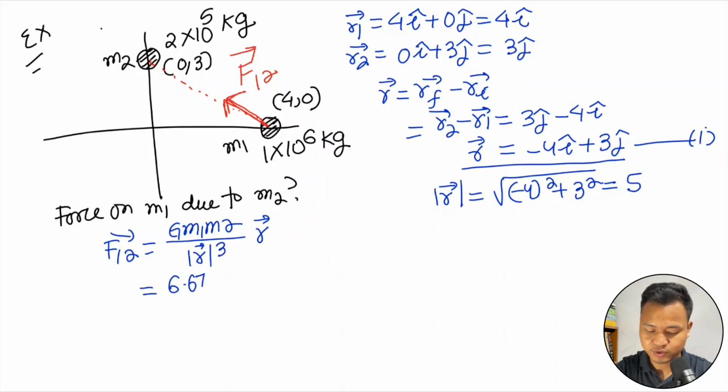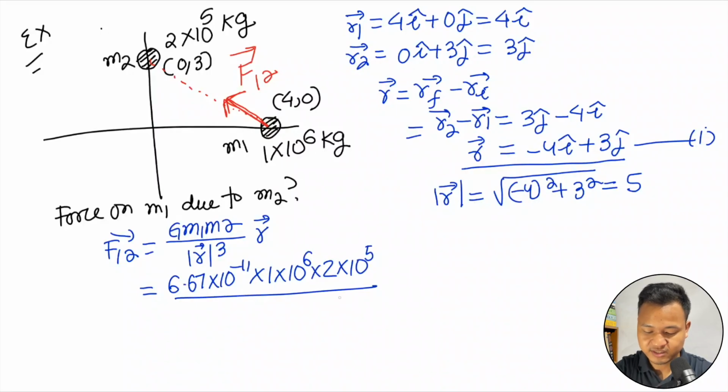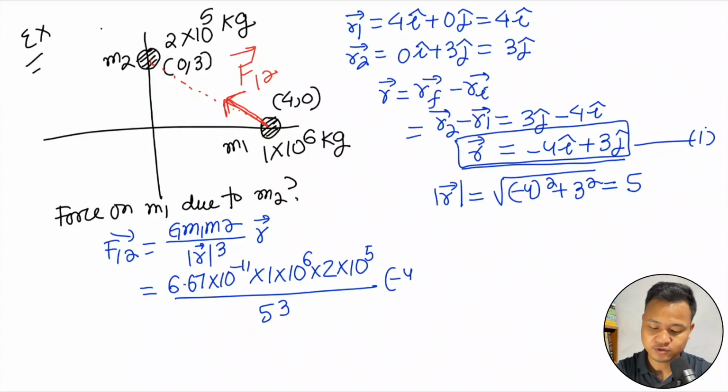So this is 6.67 into 10 power minus 11 into m1, which is 1 into 10 power 6, into m2, which is 2 into 10 power 5, divided by mod r cubed, so 5 cube. Now r bar is this, equation number 1: minus 4 i cap plus 3 z cap.